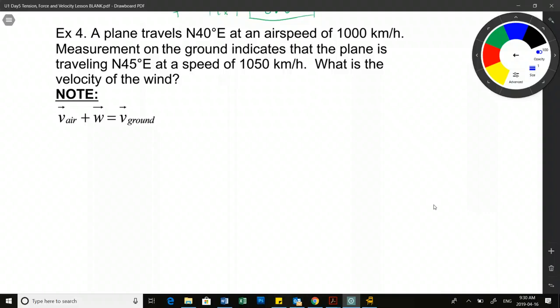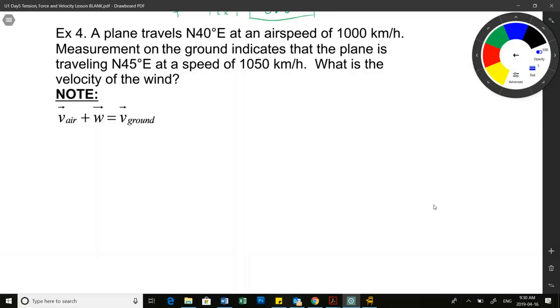Okay, so the important thing to know here is that the airspeed vector plus the wind velocity is equal to that ground speed that we're talking about here.